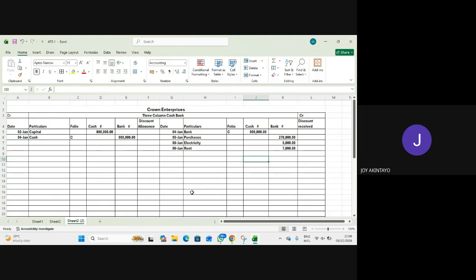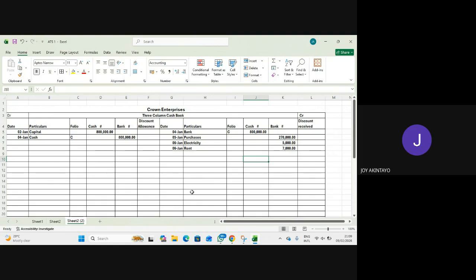Giving cash. Hope you understand. Our principle tells us that we should credit the giver and we debit the receiver. Is that not it? Yes, let's record.